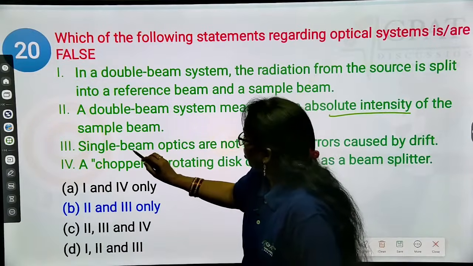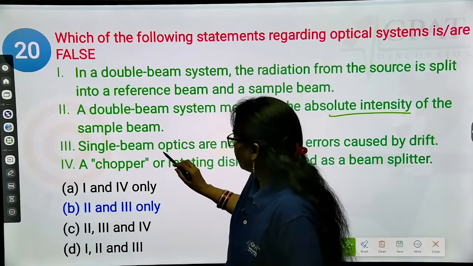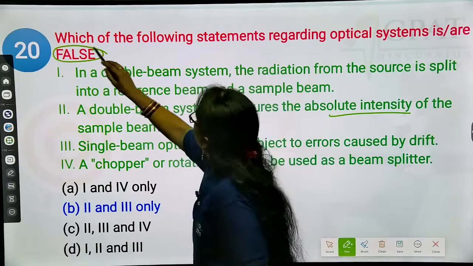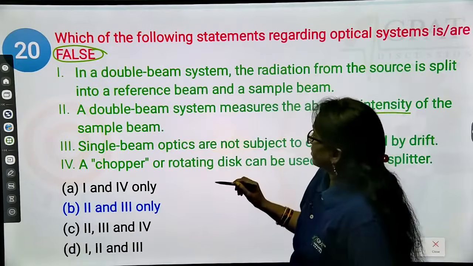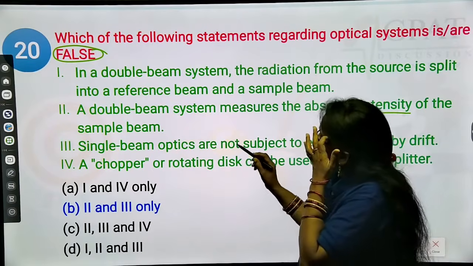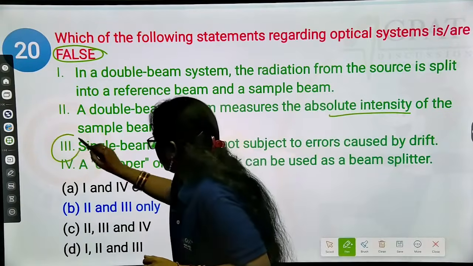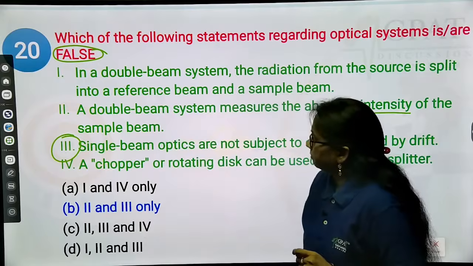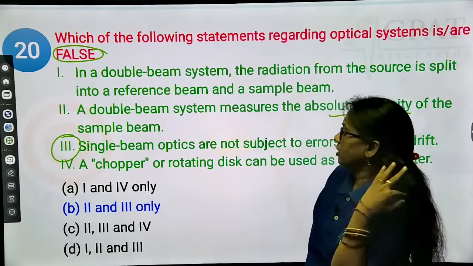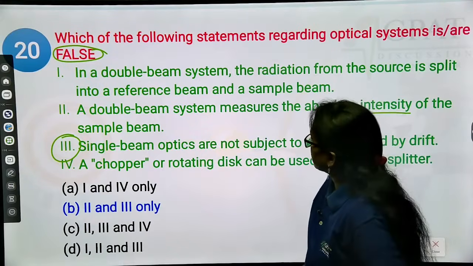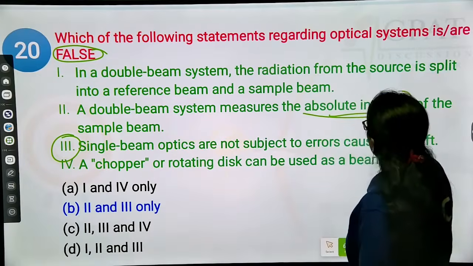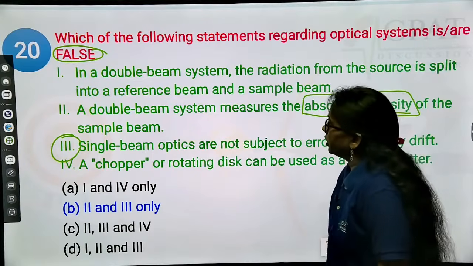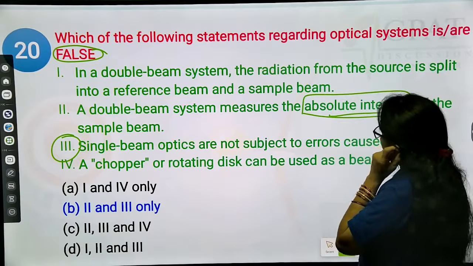Okay. So if you observe, which of the following is false? Only 3, it is going to be the false statement. Why only 2 is also, that means it is not giving the absolute intensity. A double beam system measures the absolute intensity of the sample beam.